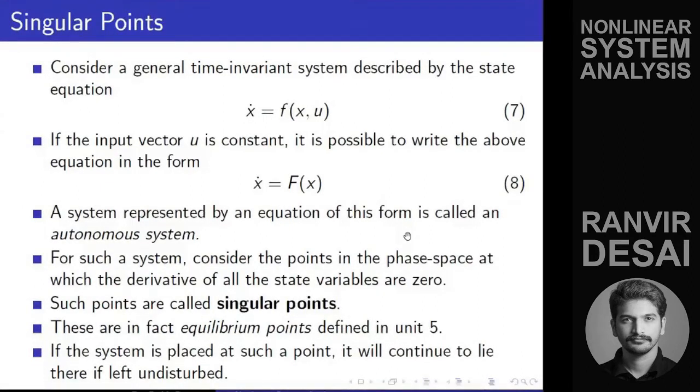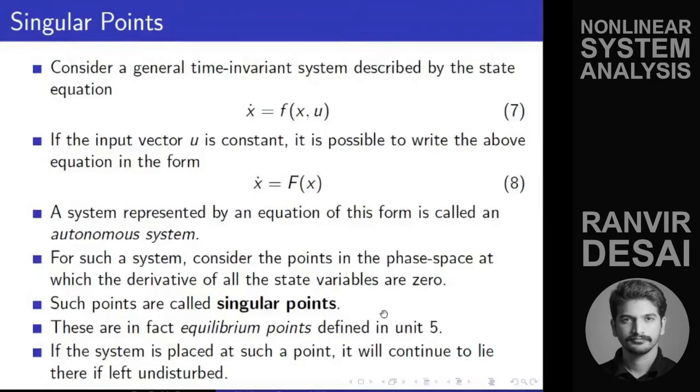So the pair x1, x2 is called a singular point. It is written plural here because there could be multiple equilibrium points. Although the name is singular, there could be multiple singular points for a nonlinear system.